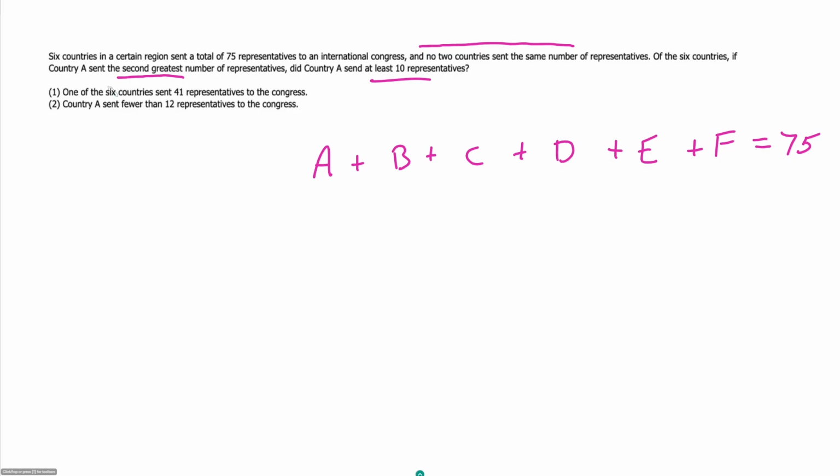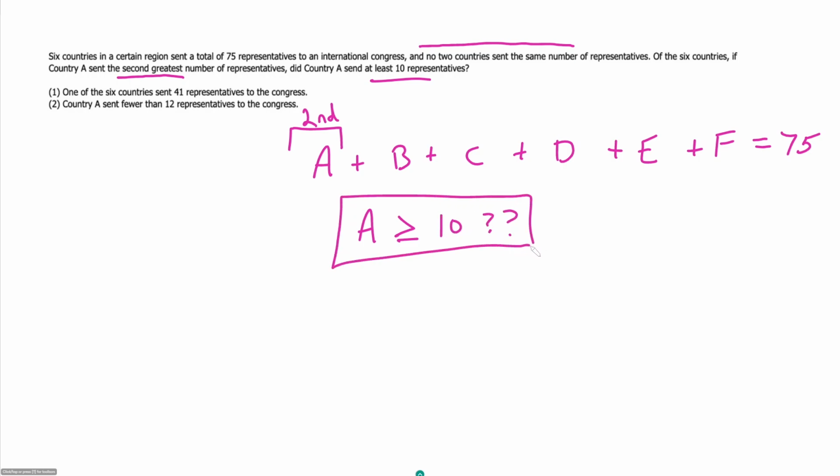And then they tell us A is the second greatest. There's no great way to incorporate that other than to make a note of it. I want to know, did A send at least 10 representatives? So is A greater than or equal to 10? Because that is what at least means. This is all of the information they have given us, so let's move on to our statements.